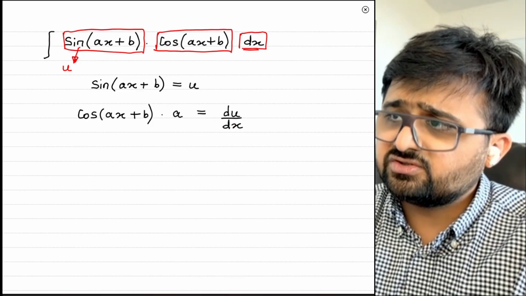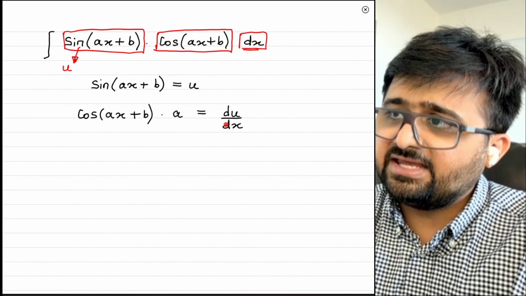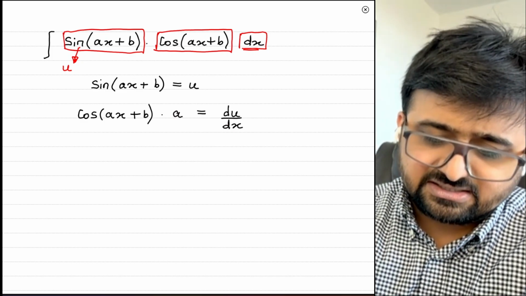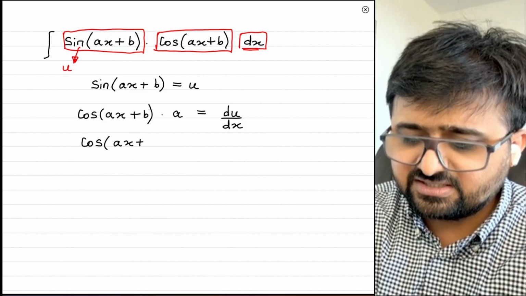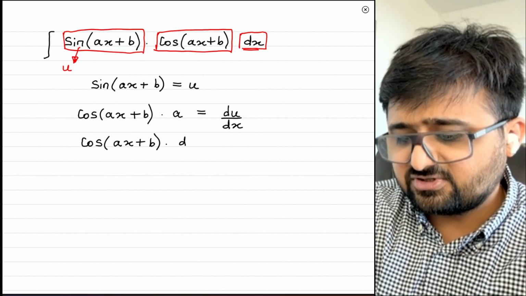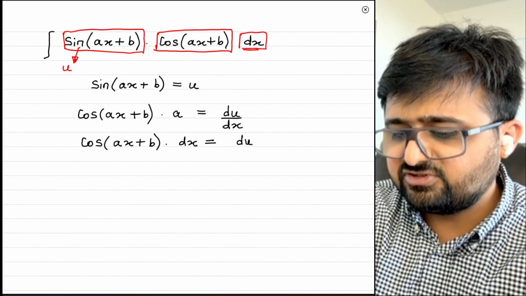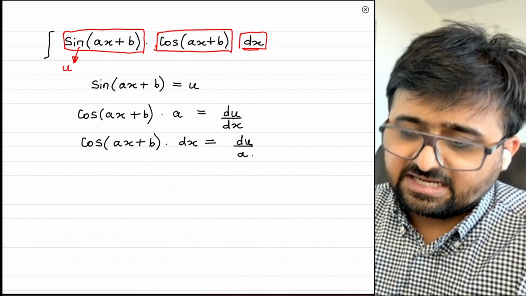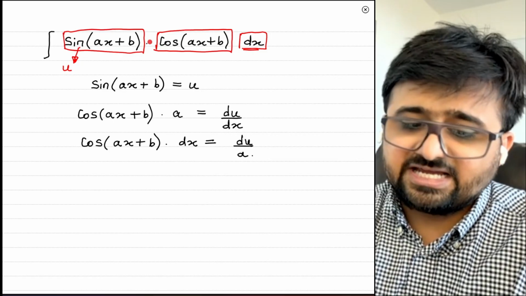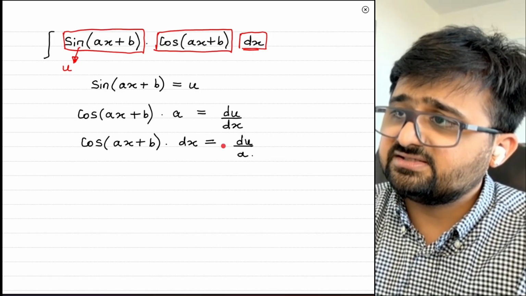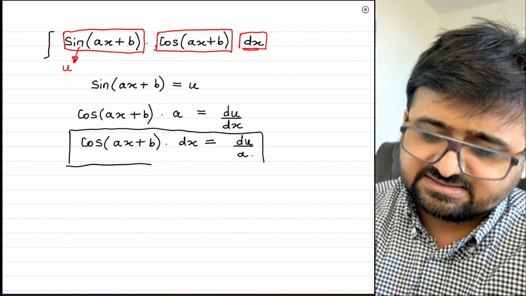So if you just multiply the dx on the left hand side and shift that a on the right hand side, you have cos of ax plus b times dx is equal to du divided by a. So we were able to generate this cos ax plus b times dx. This is nothing but du divided by a. I hope that makes sense.